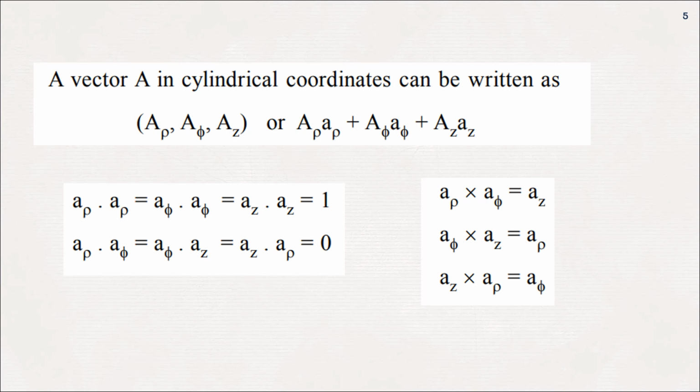Here a rho dot a phi, which means that they are perpendicular vectors, cos 90 is 0. So you have it as 0. Here a rho cross a phi is the magnitude of a rho, magnitude of a phi into the sine of the angle between them, sine 90, and the direction is the normal vector, a z. The same way a phi cross a z is a rho, a z cross a rho is a phi.